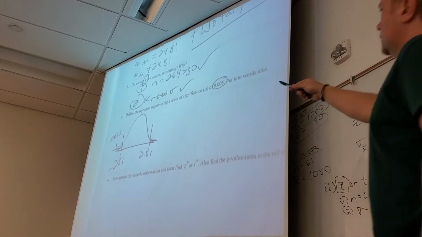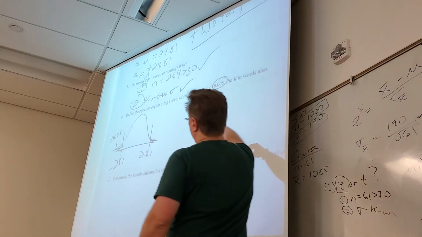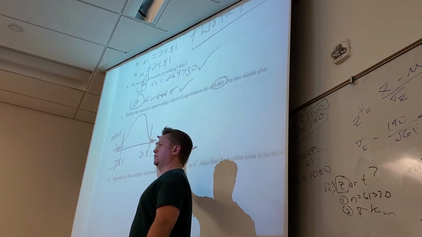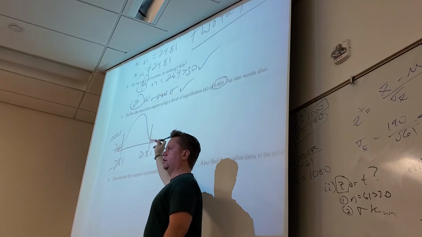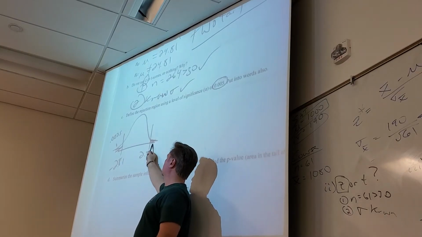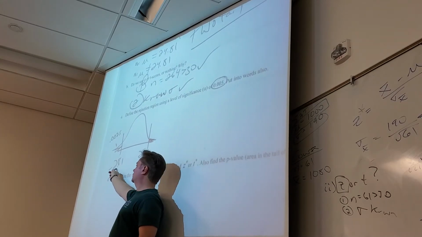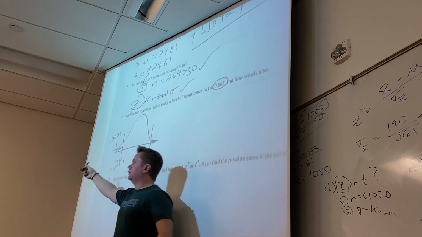How do I say this in words? It's going to be something a little bit different here because now how many ways is there to show evidence? Two. So if z star is greater than this one, or if z star is less than that one, that's exactly what you say.